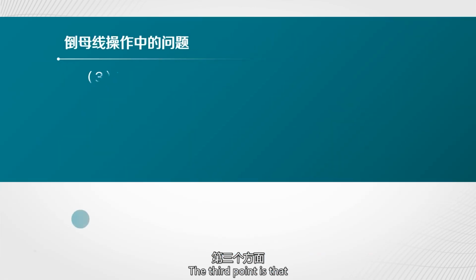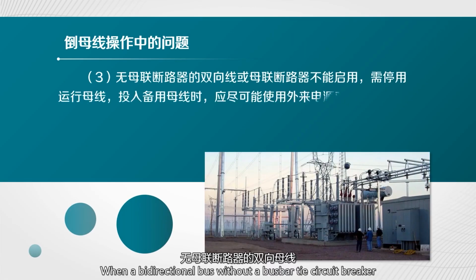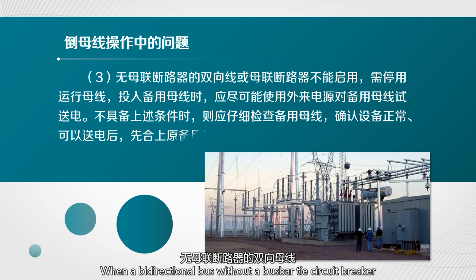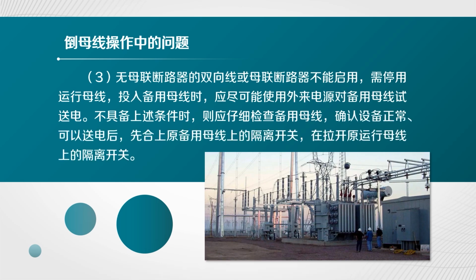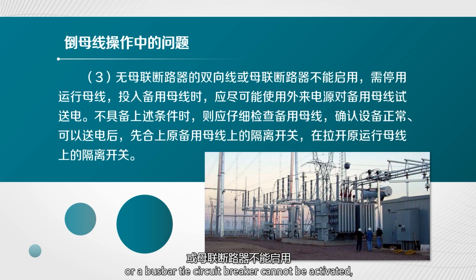The third point is that when a bidirectional bus has no busbar tie circuit breaker, or the busbar tie circuit breaker cannot be activated, and the operating busbar is required to be stopped and the standby bus needs to be put into operation, external power sources should be used as much as possible to test the standby busbar for power restoration.